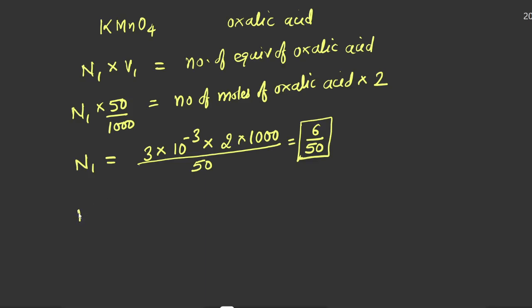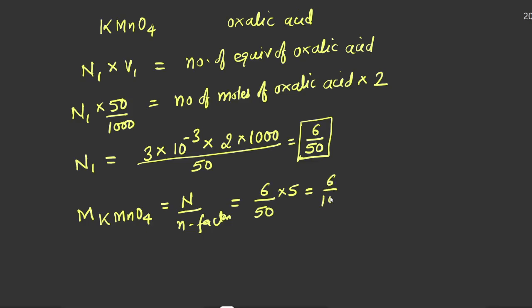So what is the molarity of KMnO4? Molarity is normality divided by n factor. So it is 6 by 50 divided by 5, that means 6 by 10... so it comes out to be 0.6.